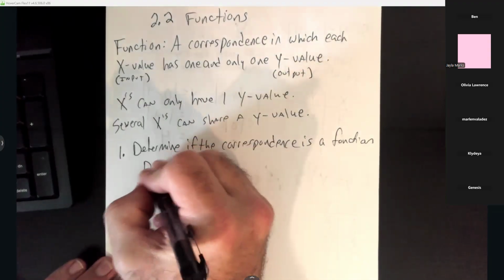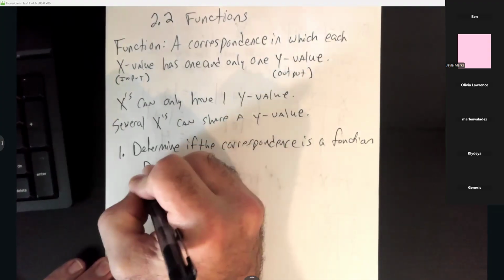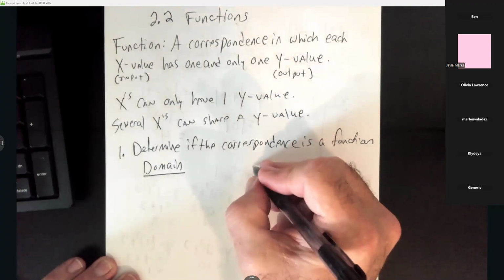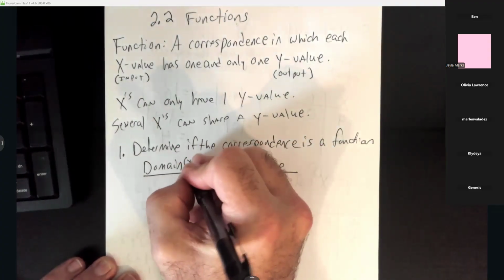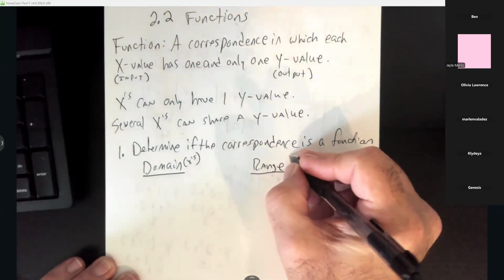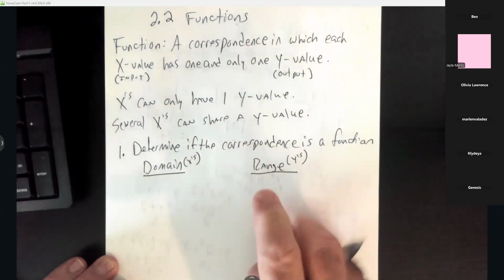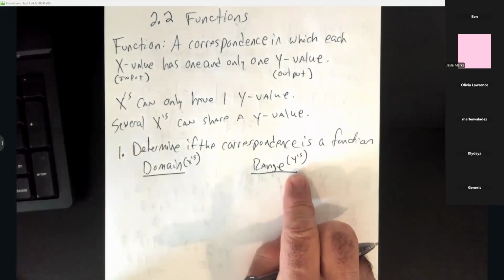Okay, so they'll give you a domain on one side and your range. Now remember, the domain is your x's, the range is your y values, okay?